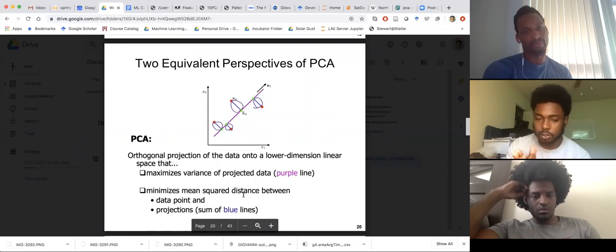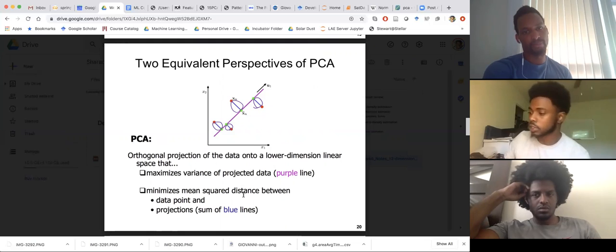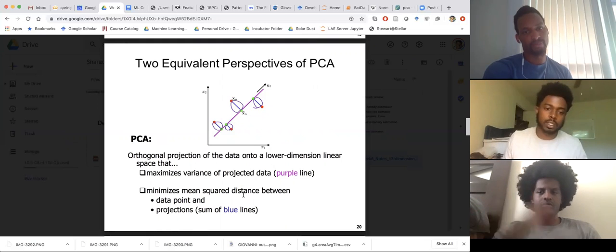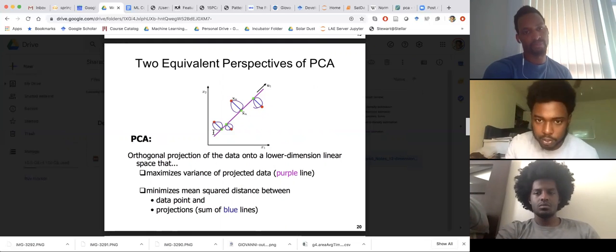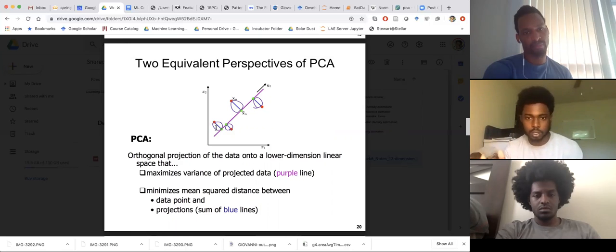Notice that this is an orthogonal regression as opposed to a simple linear regression, because you can see these lines are diagonals, right? Typically when you do a linear regression, you're choosing either the X or the Y, so these lines would be either horizontal or vertical. But when we do an orthogonal regression, we are able to minimize the mean squared distance between the line and all the points without having to choose an orientation. Does that make sense?